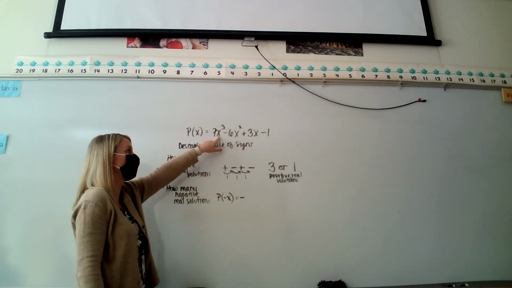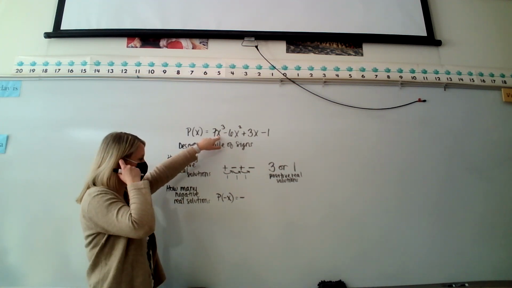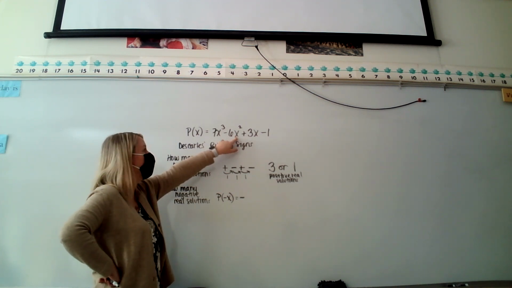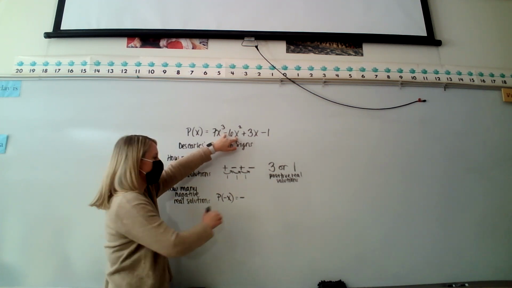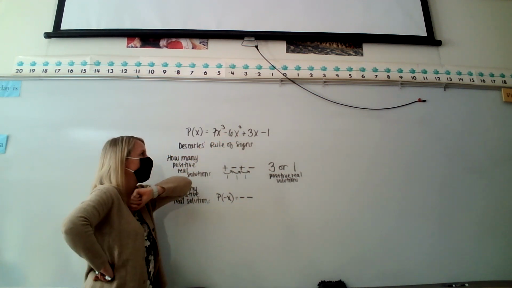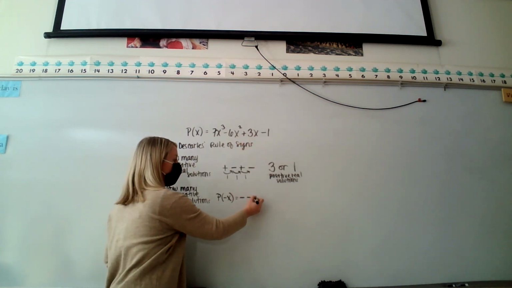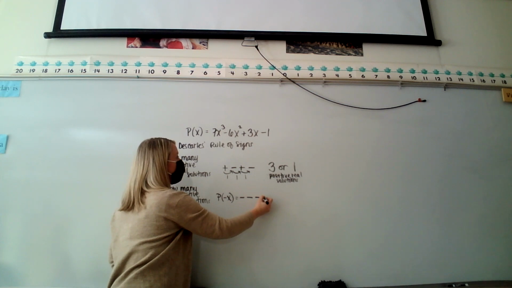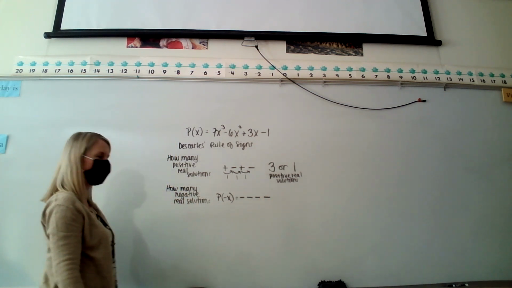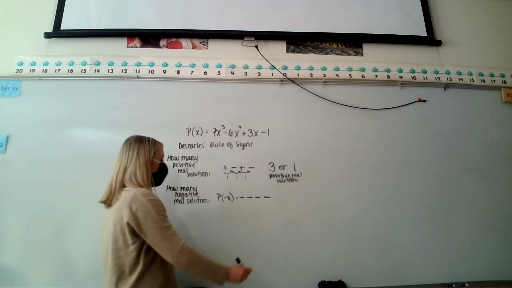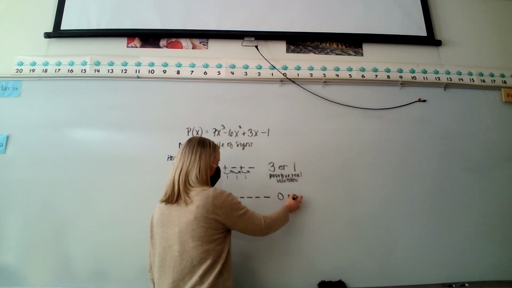And then what if I plugged a negative in here? A negative times negative is positive, but there's a negative with the coefficient, so that would turn it negative. And what if I plugged in a negative here? It would just make that negative. And then the last one's negative. Oh, look at that beauty. Are there any sign changes? No, it's all negative. They're all the same. So we would say there are 0 negative real solutions.